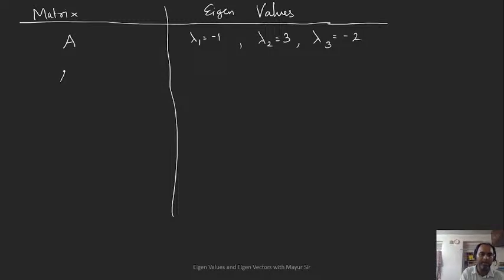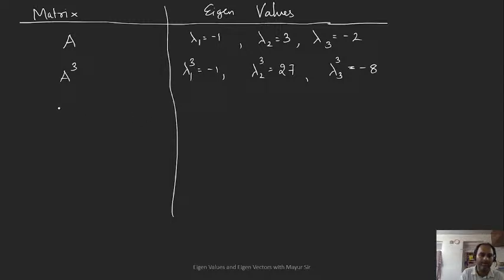So first we find for A cube, or you can find any one whichever you like. So let's find for A cube first. A cube eigenvalues are lambda 1 cube, which is -1, lambda 2 cube, which is 27, then lambda 3 cube, which is -8. This is the answer for A cube.